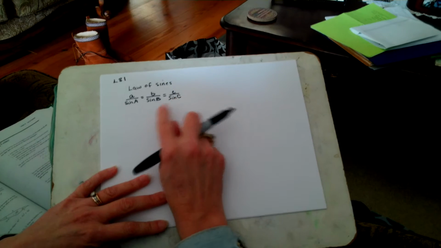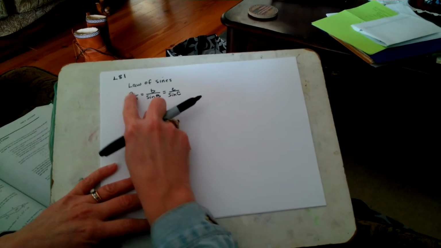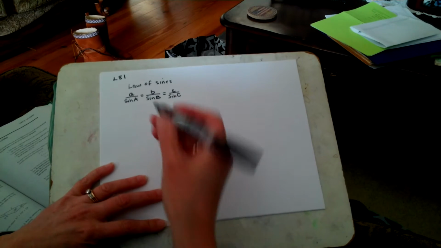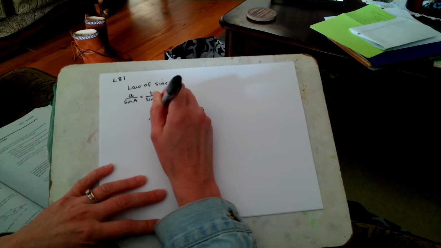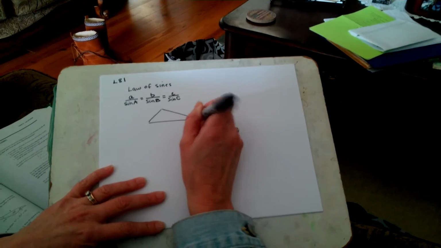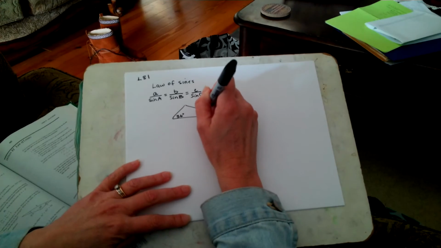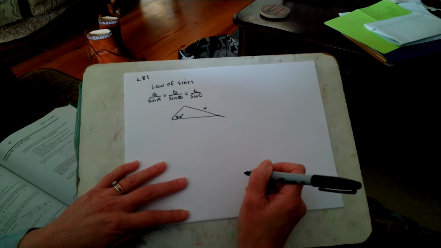This works if we know a pair. If we don't know one of these pairs, then we can't use the law of sines. So for example, in this triangle here, I've got an angle of 36 degrees, and the side opposite it, I don't know.